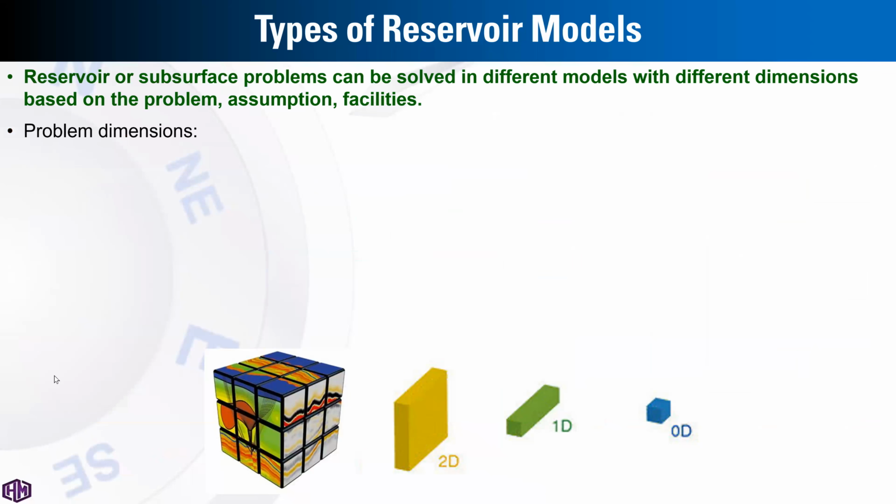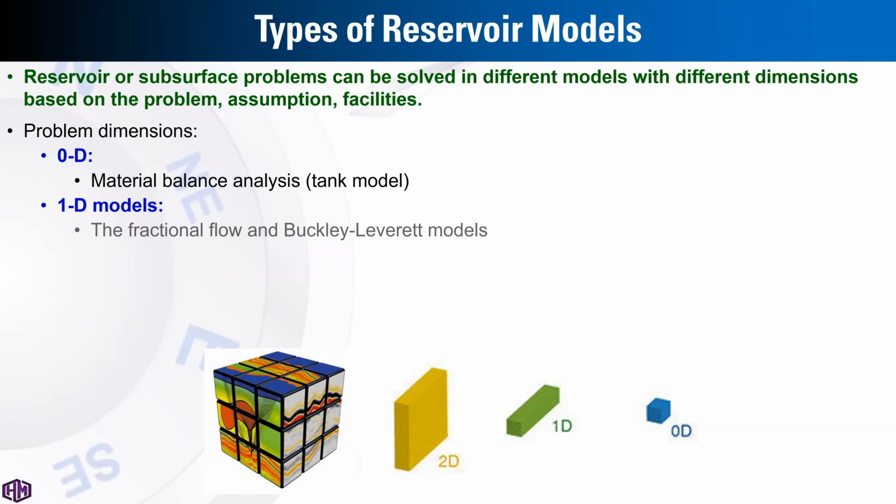Zero dimensions, like the material balance, the classical reservoir engineering tool, or the 0D model or tank model. 1D models like the fractional flow or Buckley-Leverett models for the immiscible displacement process. 2D models like the early reservoir simulation models, and also the pressure transient analysis models.